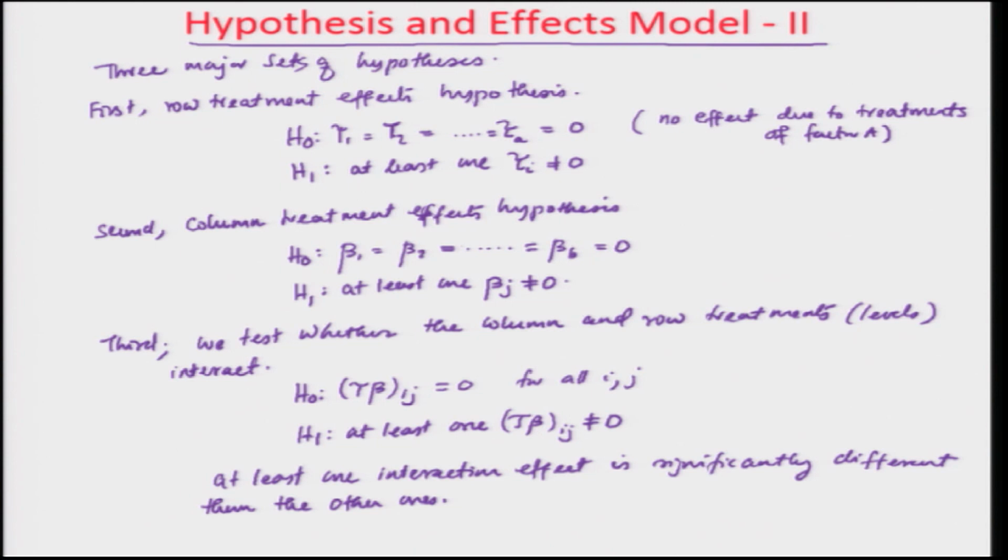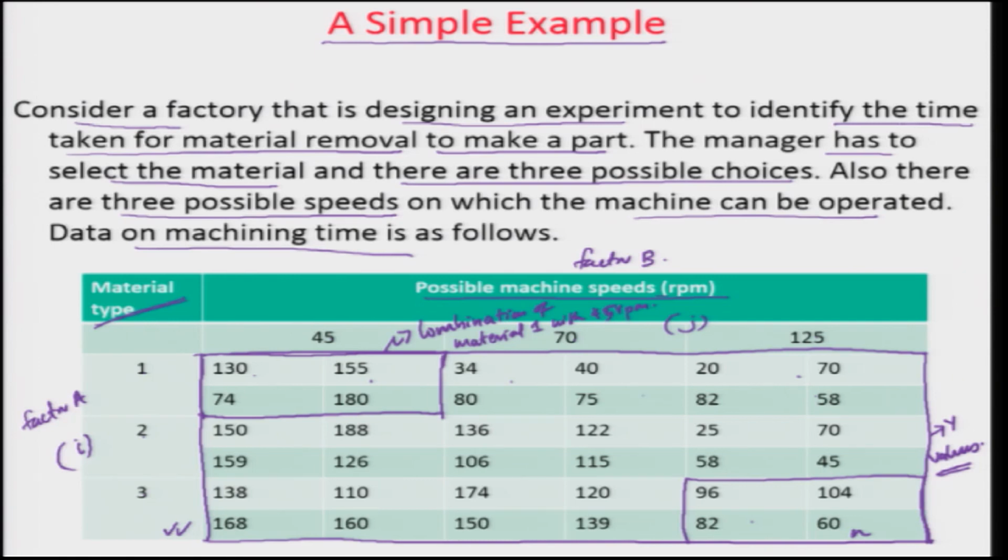If we go back to this example, what we were trying to do is first find the effect of these three materials, whether any one of them has a significantly different performance compared to the other two. Then, whether any one of these speeds has a significantly different behavior on the reduction of machining time.